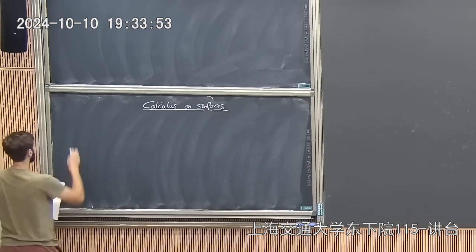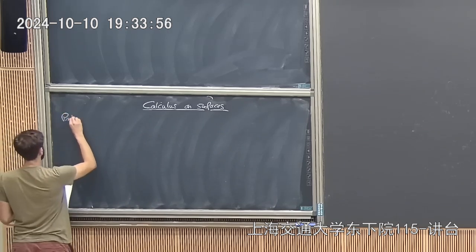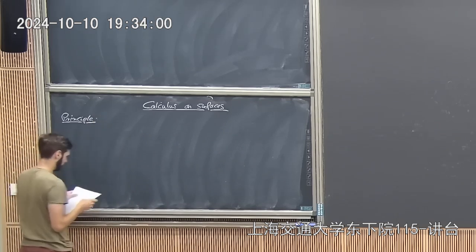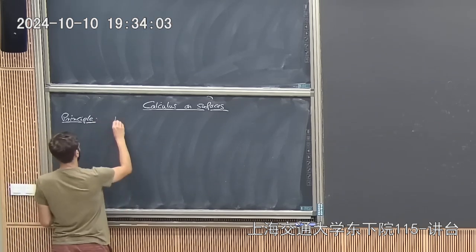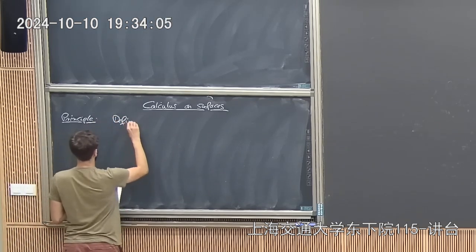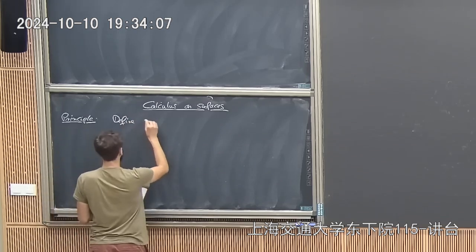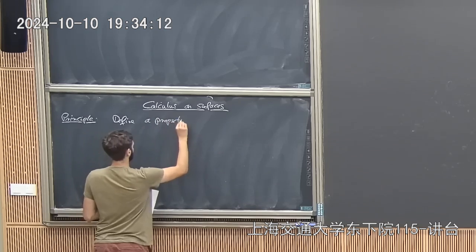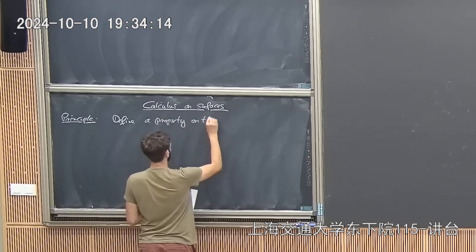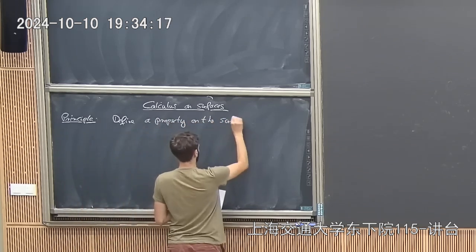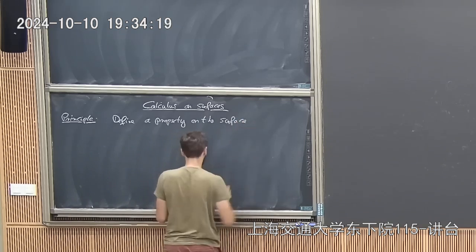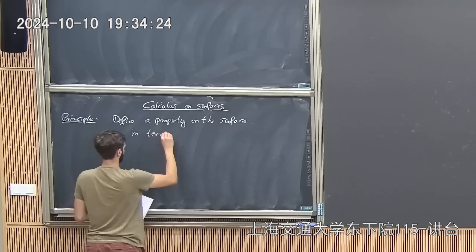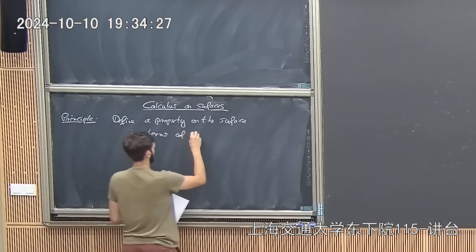The principle that we follow is essentially the following: we define a property on the surface in terms of the coordinate charts.